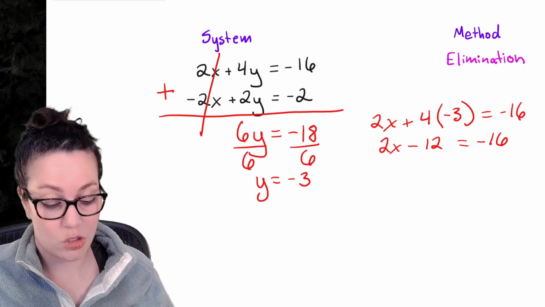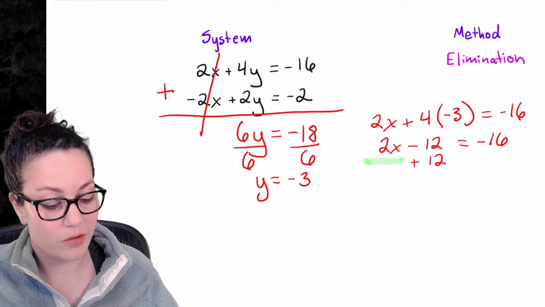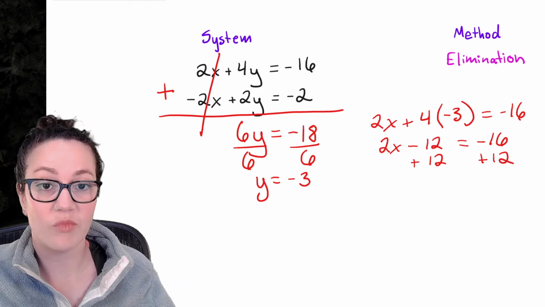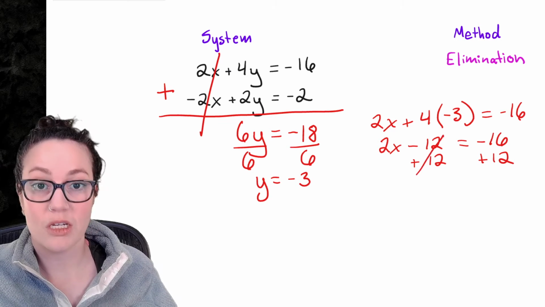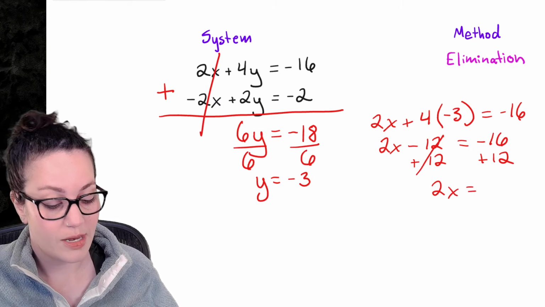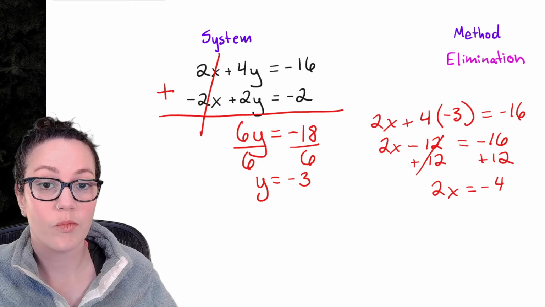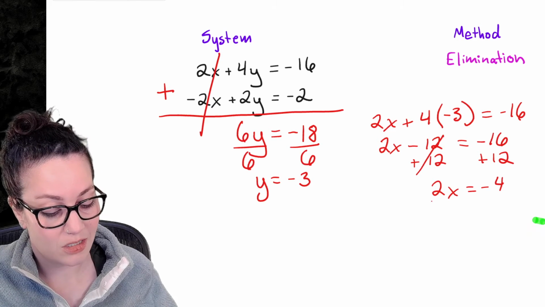I'll isolate my term with x, which is this 2x, by adding 12 to both sides of my equation. The opposites eliminate each other, and I get 2x equals -4. Lastly, I'll divide by the coefficient on x to isolate it.